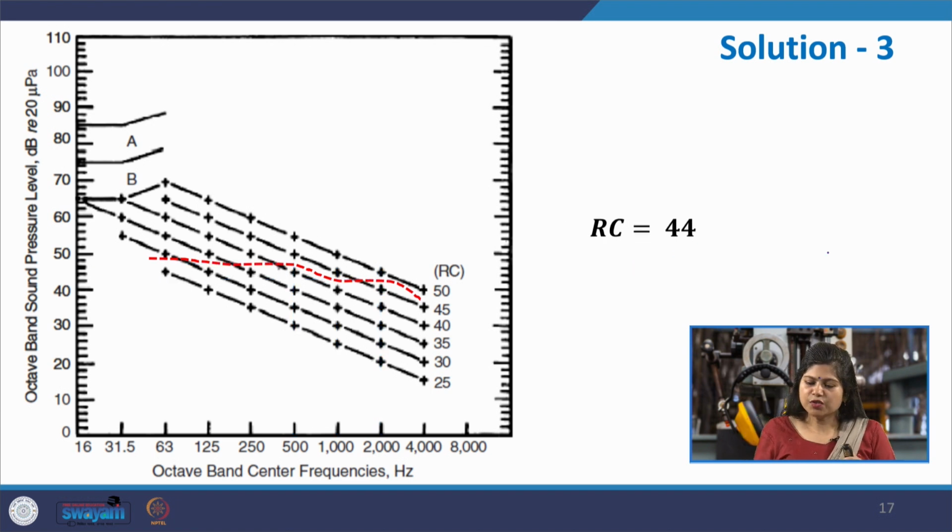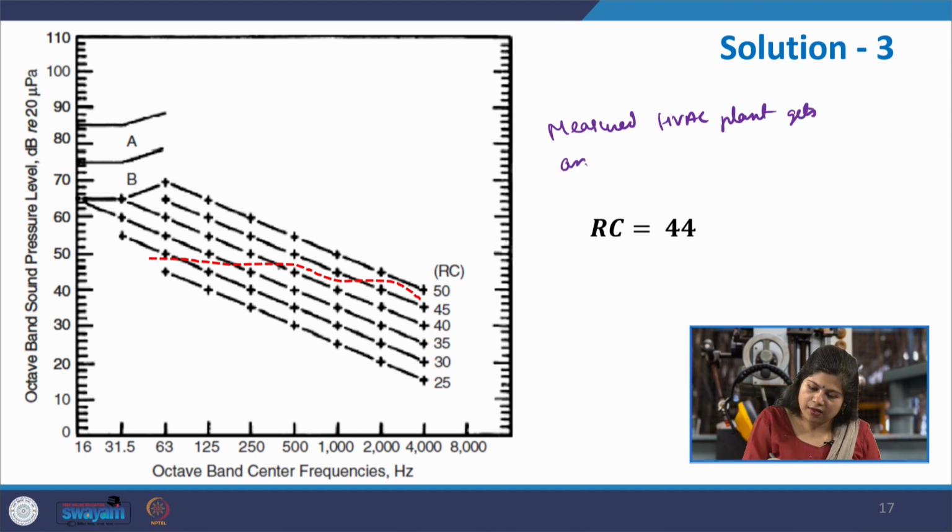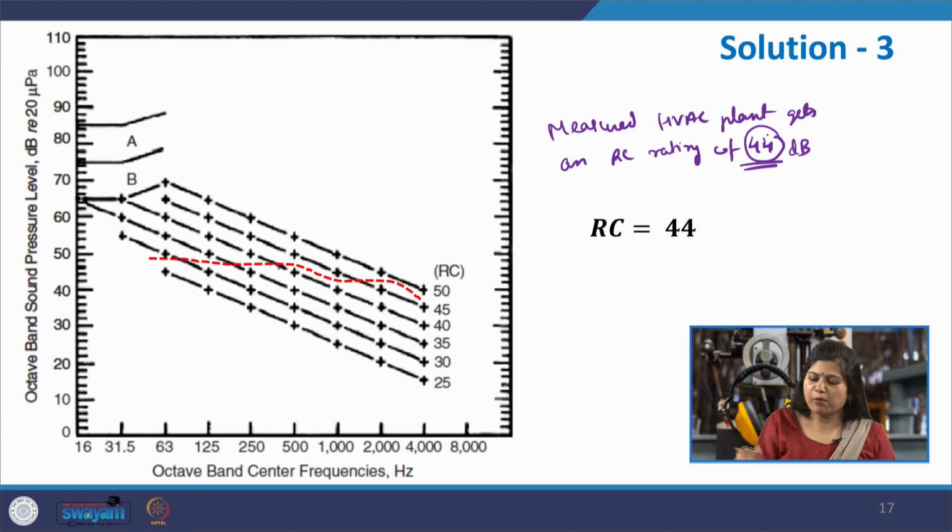Okay. So, this particular measured HVAC plant gets an RC rating of 44 dB or simply 44. You do not even need to mention dB, automatically it is taken as a dB.